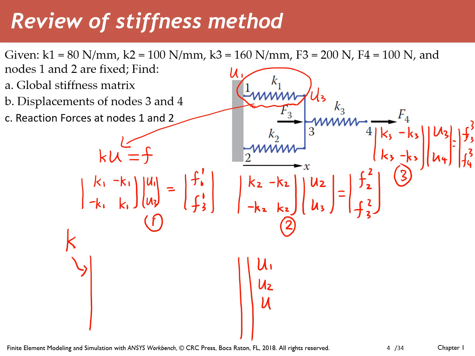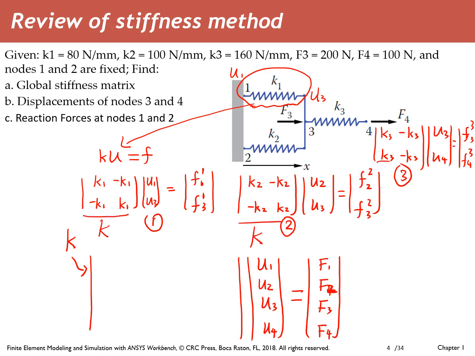We have nodes 1, 2, 3, 4, and this is a 1D problem with only one direction, so we have 4 nodes and the nodal forces 1, 2, 3, and 4. Those are the nodal forces acting on each node. And for this K, when assembling, the K part is assembling this K, another K, and a third K.